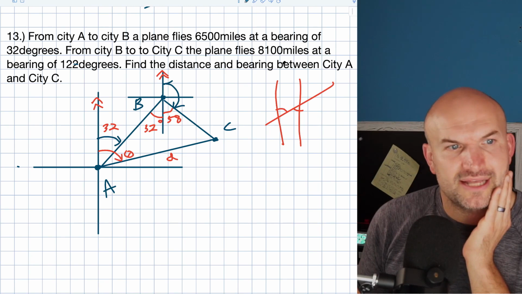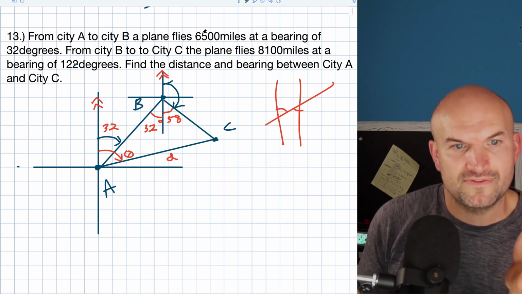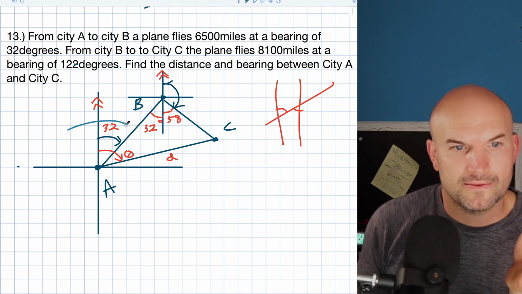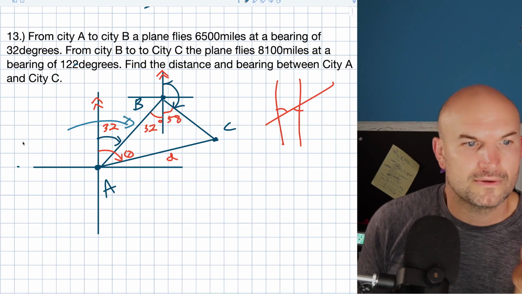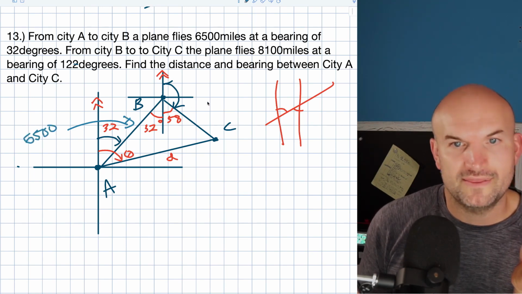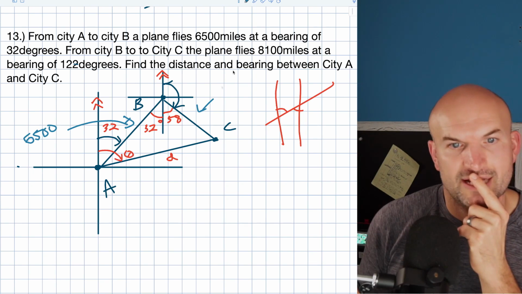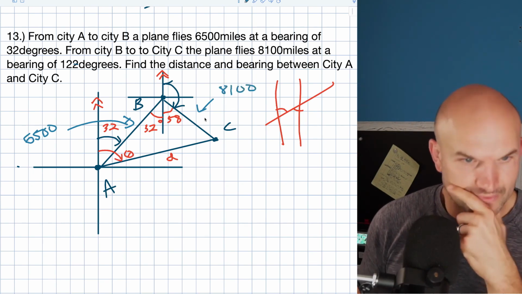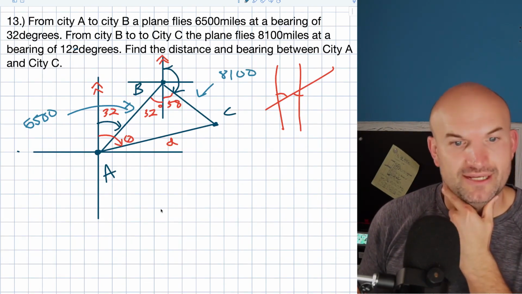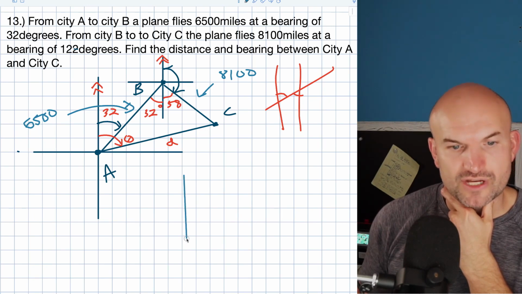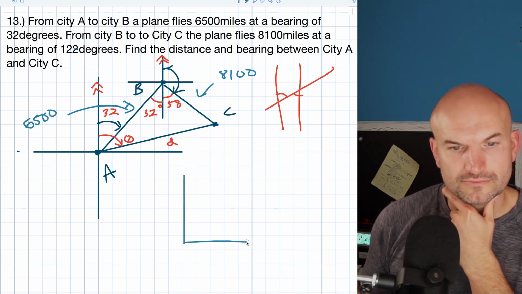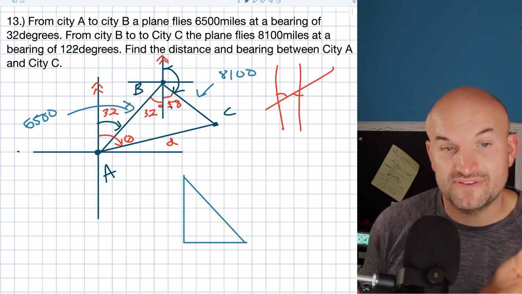Let me draw the sides that we have. Find the distance between A and C. We don't have that. So this is 6,500, and this was 8,100. Let's go through the angles we have so far. Let's redraw this triangle. Now again, 32 plus 58 is what?